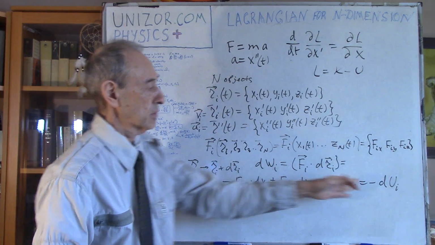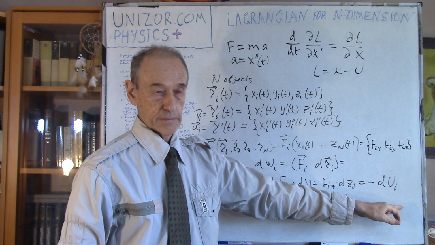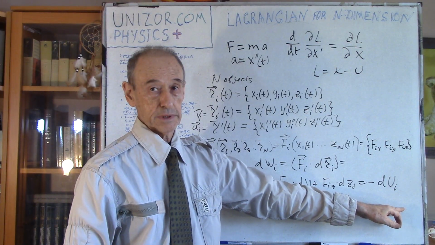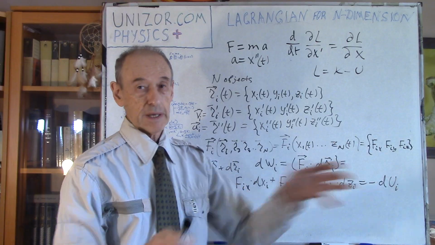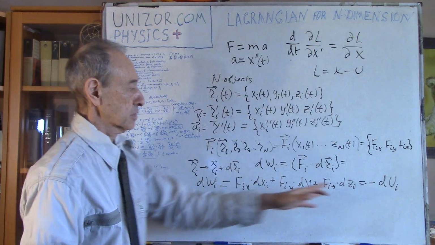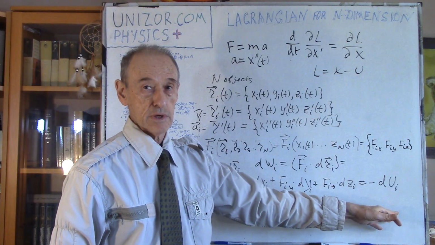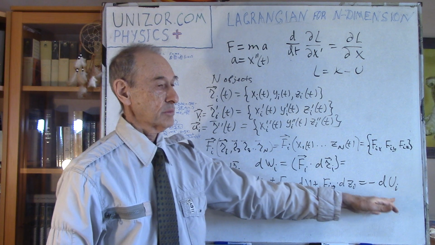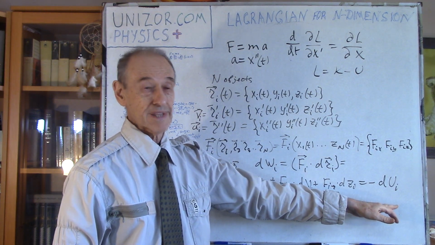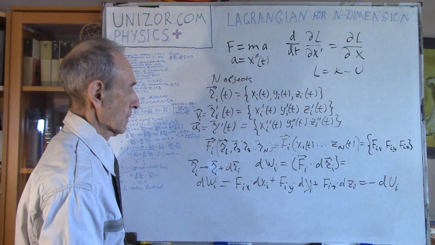So the increment of work and the increment of potential energy must sum to a constant. And that's exactly what we have. One is increasing, another is decreasing. So increase of work plus decrease of potential energy is zero.